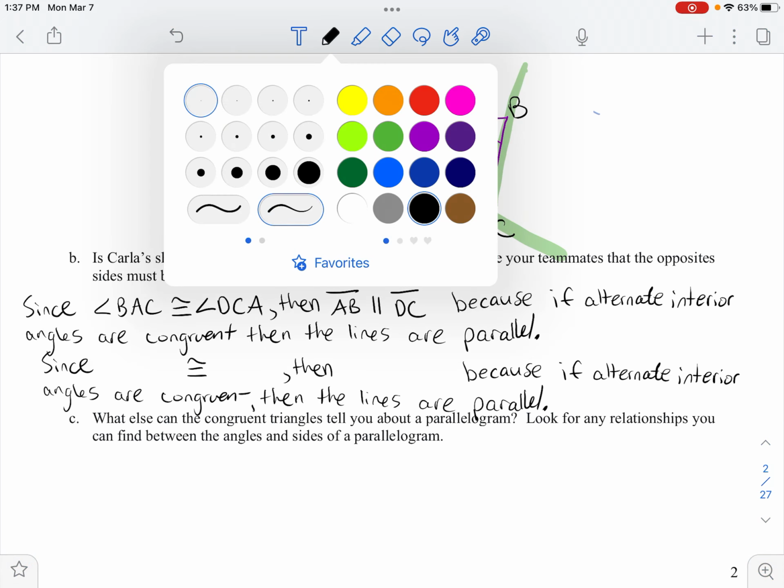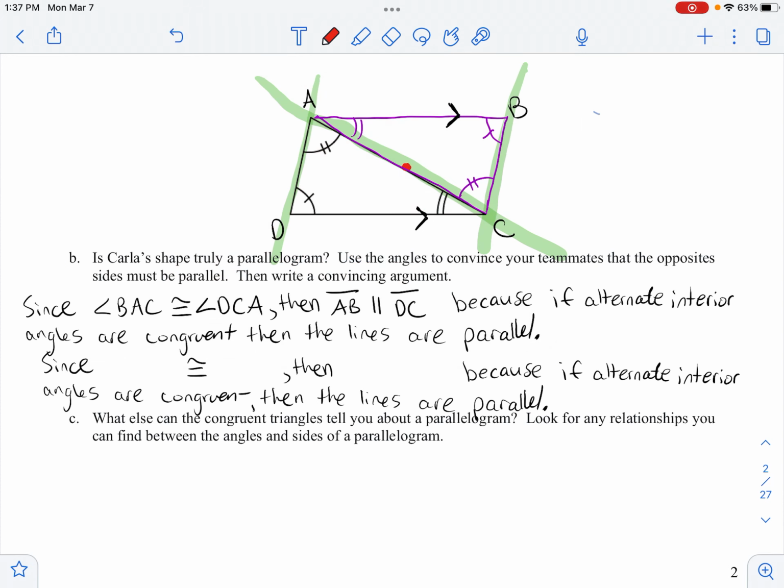And so now I can change that to say, okay, since angle DAC is congruent to angle BCA, then line DA has to be parallel to line BC. Because if alternate interior angles are congruent, then the lines are parallel.